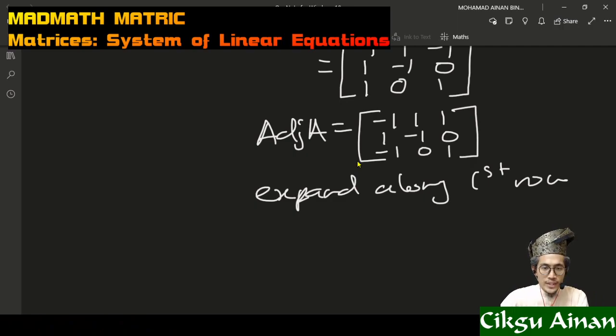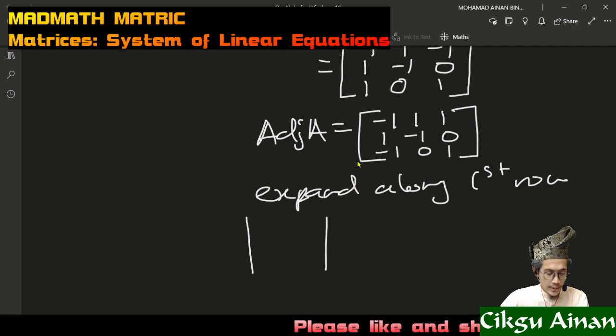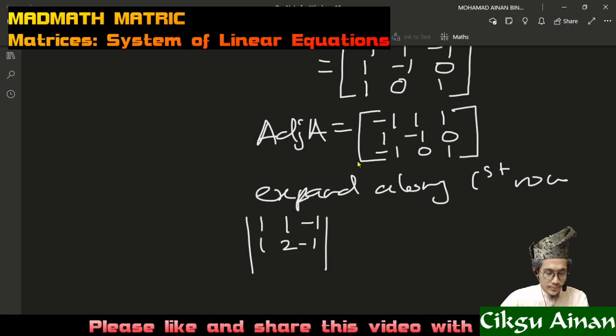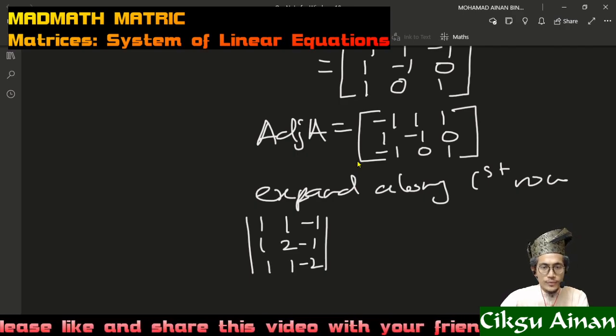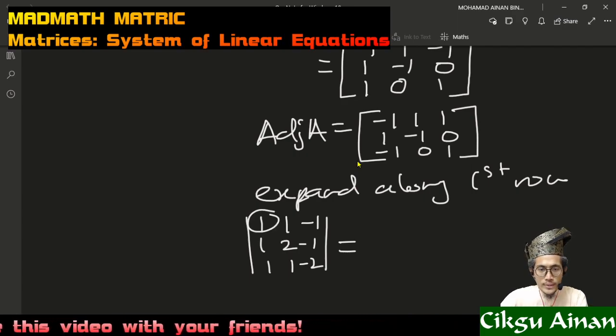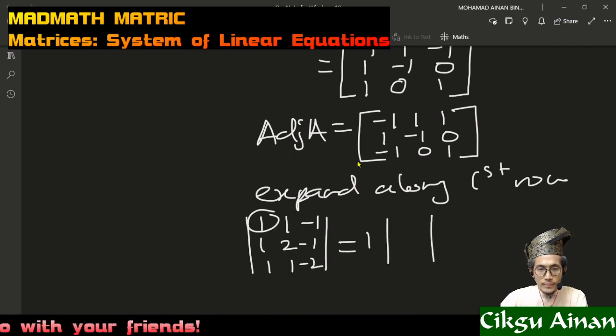Now the matrix is 1, 1, minus 1, 1, 2, minus 1, 1, 1, minus 2. So the determinant is, we grab this number and put this over here.